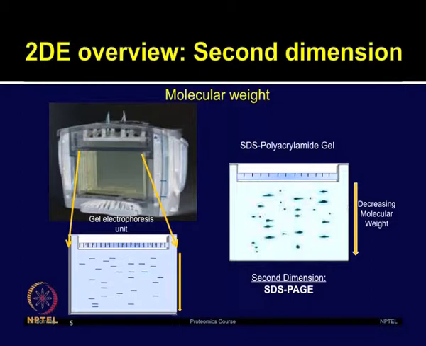Now, as you can see in the slide, you can separate the proteins in two dimensions based on two different properties, isoelectric point and molecular weight.